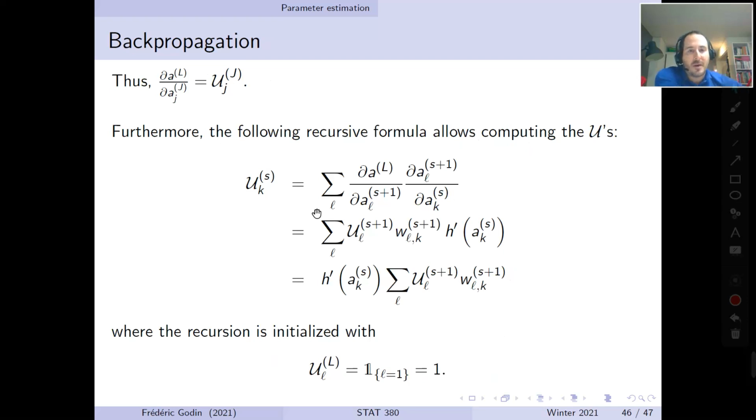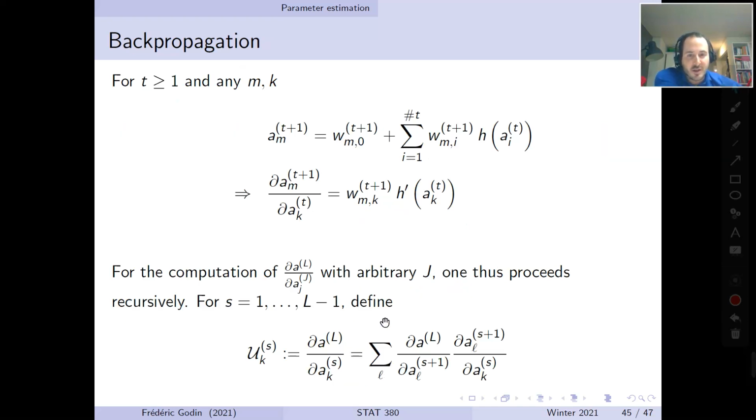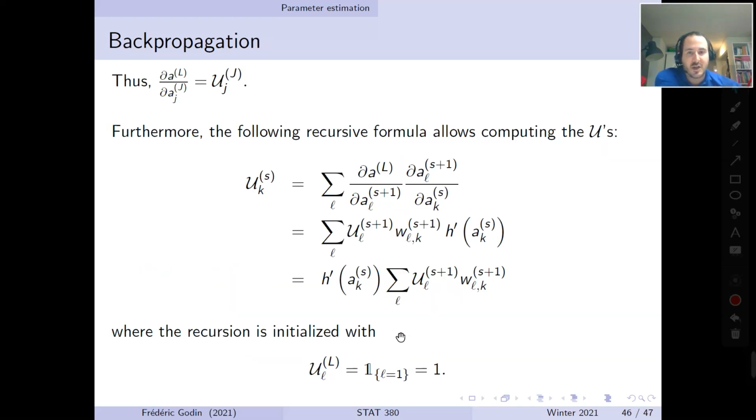And from the previous definition, or from this equation we've just outlined using the chain rule, this shows that u_k^s, which we've defined, could be expressed as the sum across all activations of layer s plus 1 as this, and according to the definition, this guy is u_l^(s+1).